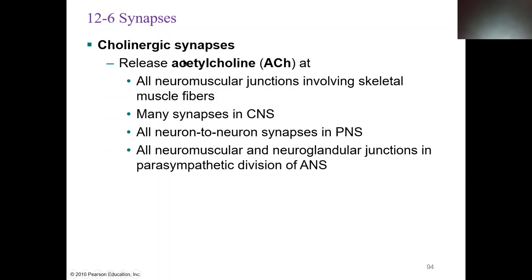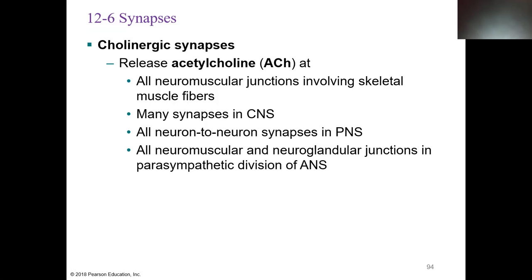So if we're looking at a cholinergic synapse, this is going to release acetylcholine. Make sure that you know acetylcholine is ACh, because you guys will talk about this through 2401, talk about it through 2402, so you cannot forget acetylcholine because it is so common to learn this particular neurotransmitter through A&P.